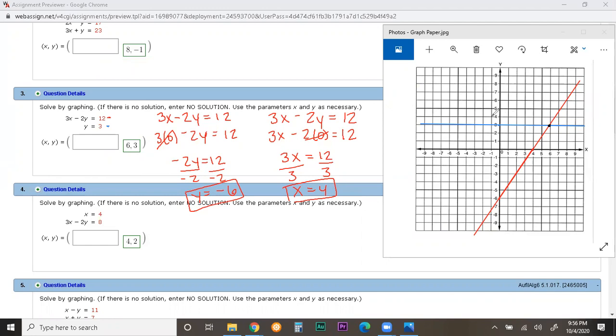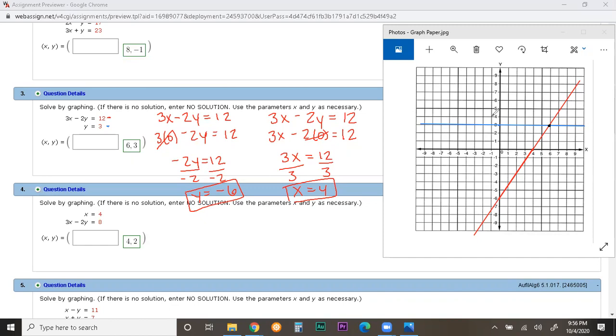If the 2 lines are parallel, meaning that they will never intersect, that solution is no solution, okay? If the 2 lines are the same line, that solution will be infinitely many solutions, and we also talked about how to get an ordered pair for that, okay?